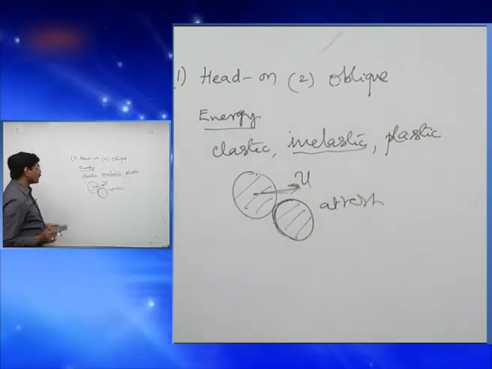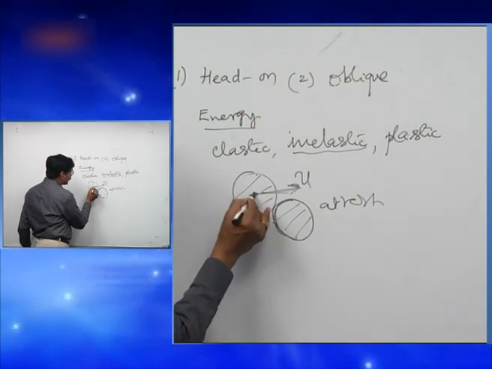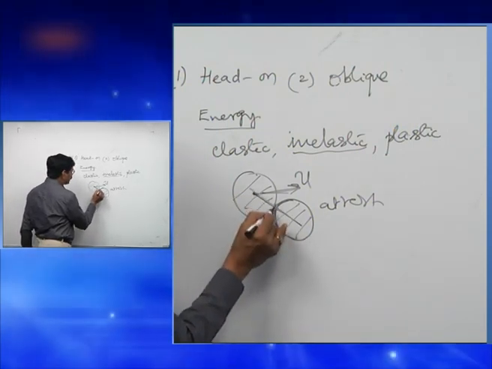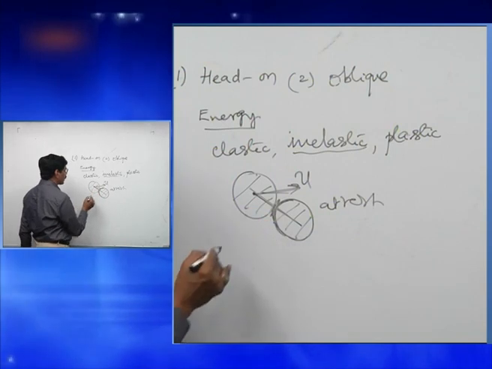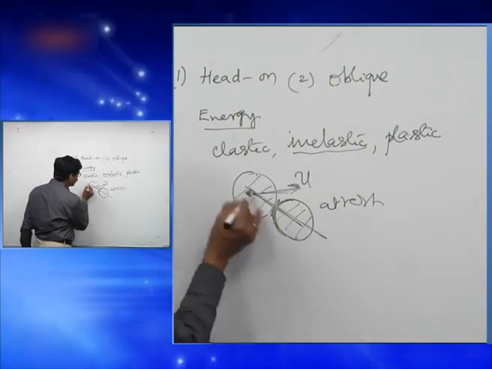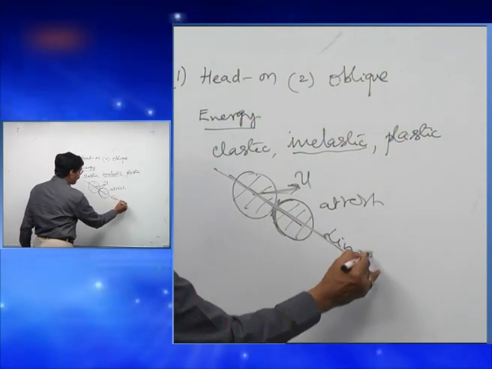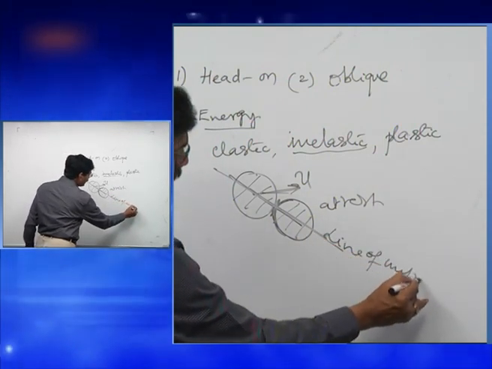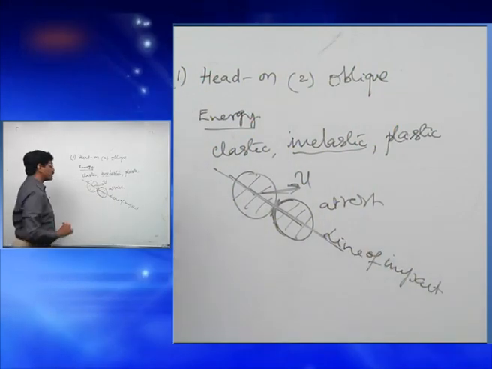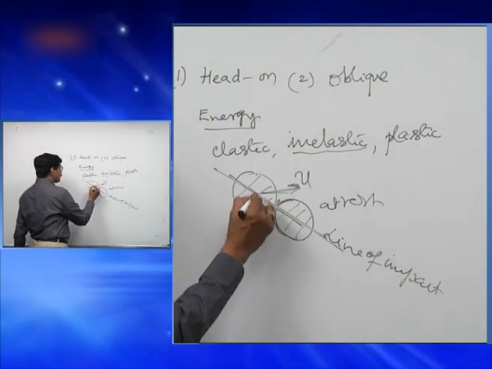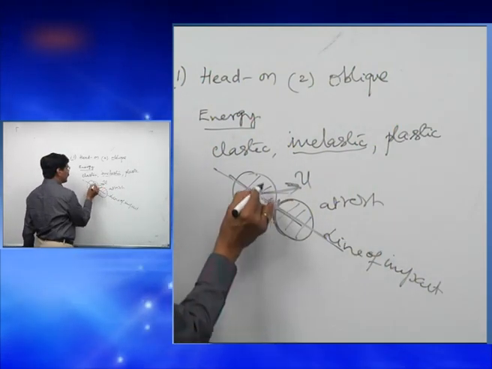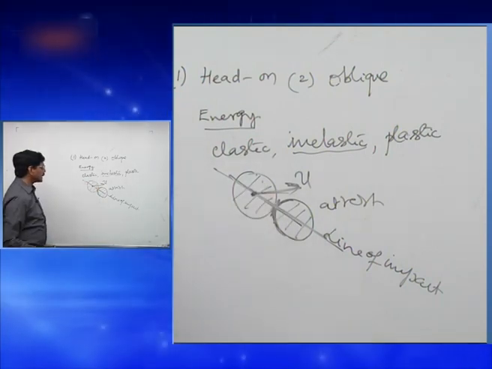Now, during collision, what happens? The interaction force acts perpendicular to the surface of contact. Therefore, the interaction force acts in this direction. That is called the line of impact. The impact line is this, along which interaction forces act. But before collision, this body is moving in this direction.